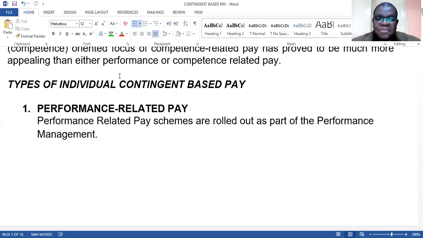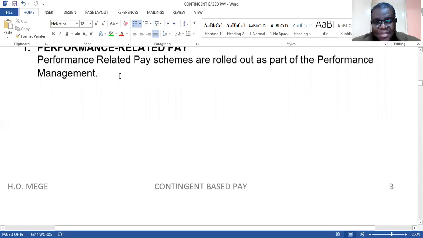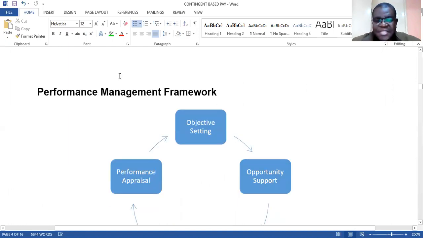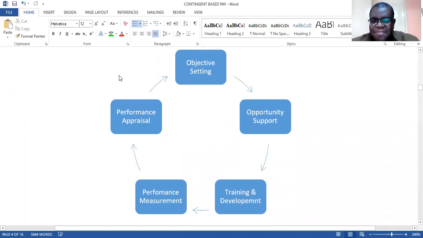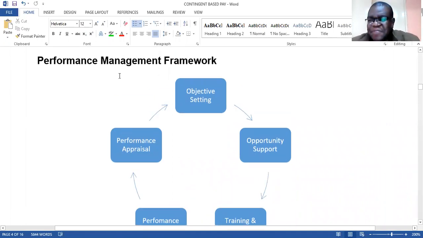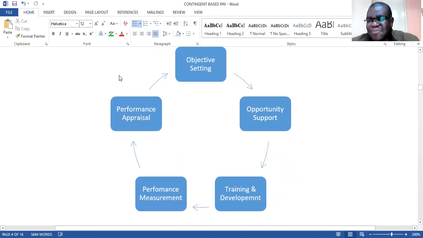So types of individual contingency-based schemes. Type number 1, we have performance-related pay schemes. Performance-related pay schemes are rolled out as part of the broader performance management framework. Now, the performance management framework has 5 key components that you want to look at.